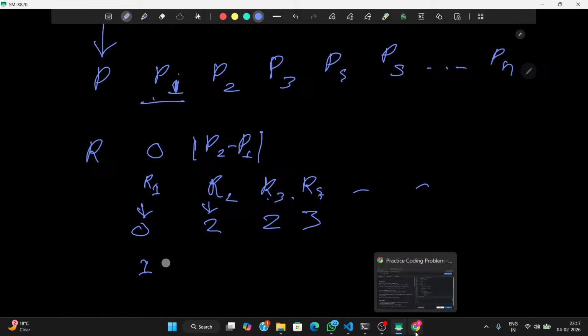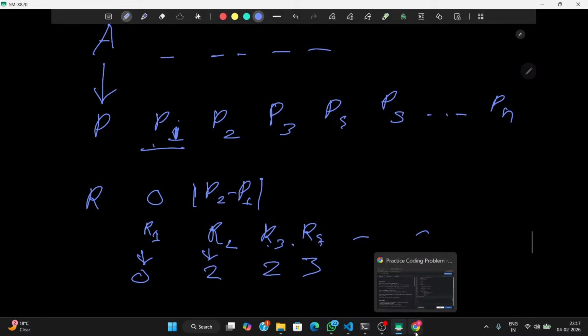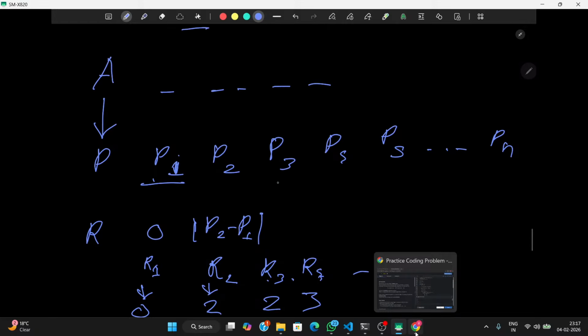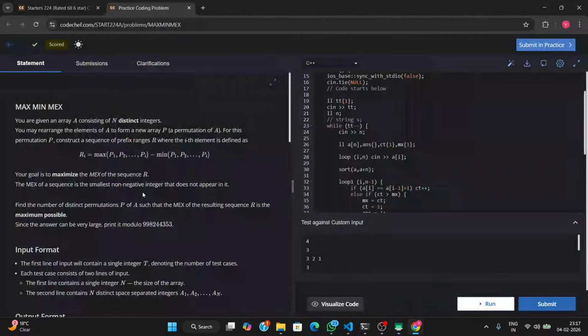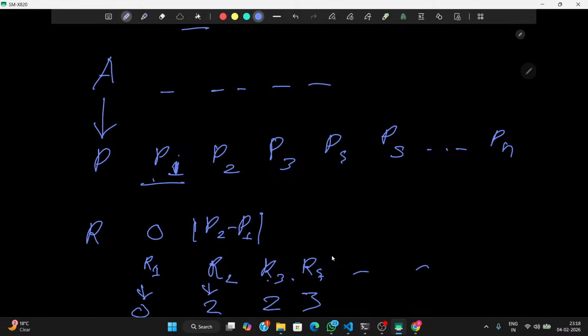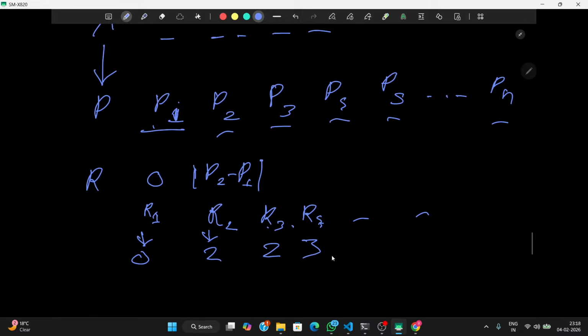Now, we also know that all of these elements are distinct, as it was given in the question. You are given an array A consisting of n distinct integers, right? So all of these integers are distinct.